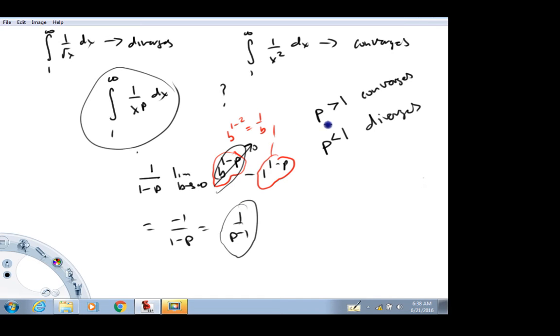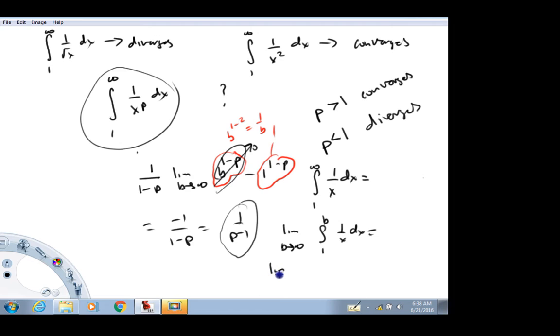I'm going to take a look now at a separate case: what if p equals 1? So if p equals 1, we're looking at the integral from 1 to infinity of 1 over x to the first power dx, which we would write like this: limit as b goes to infinity of the integral from 1 to b of 1 over x dx.